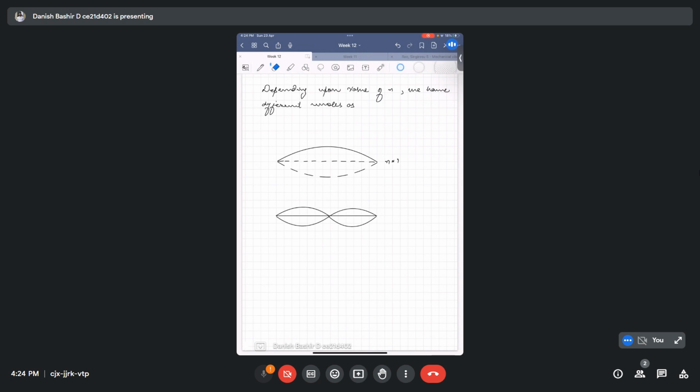This is the mode shape for the second mode, n is equal to 2.